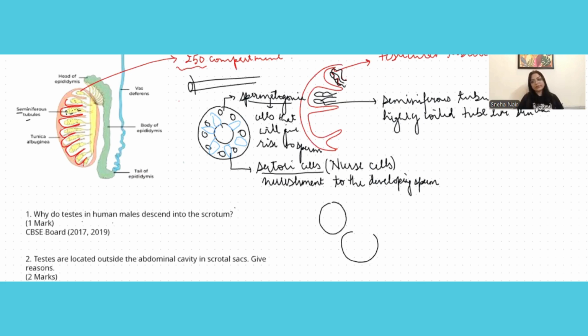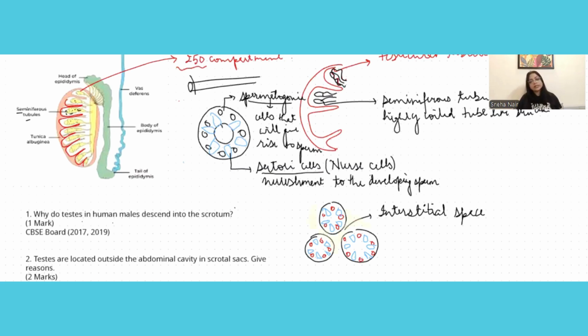In these seminiferous tubules, we have the spermatogonia, that is primordial germ cells that give rise to sperm, and we have these pyramidal shaped cells called Sertoli cells that help in providing nourishment to the developing sperms.